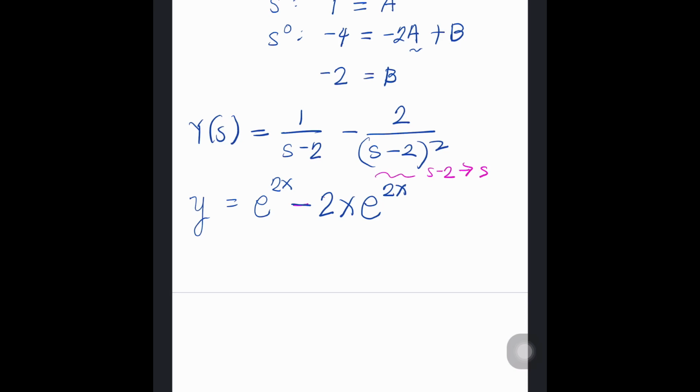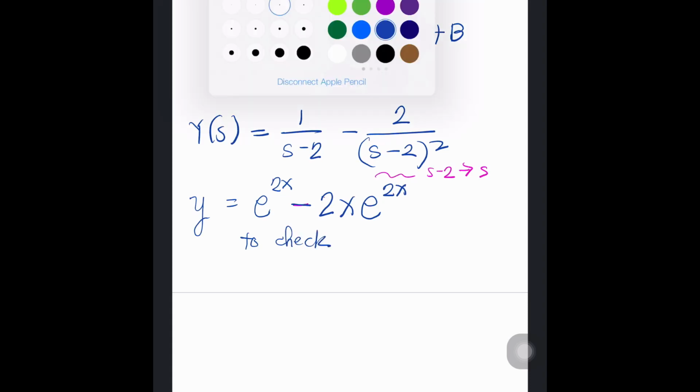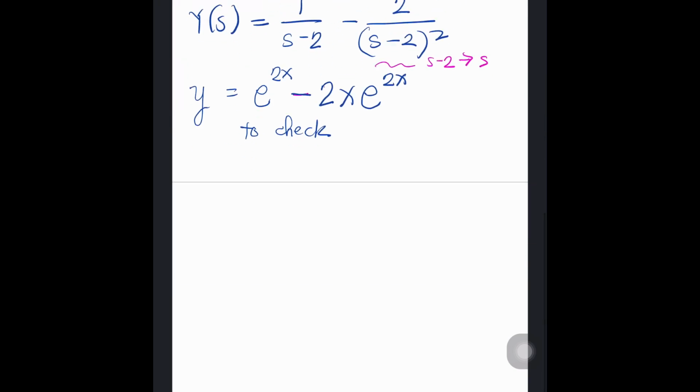So to check, let's Laplace this term. Y of s equals the Laplace of the first term, 1 over s minus 2.